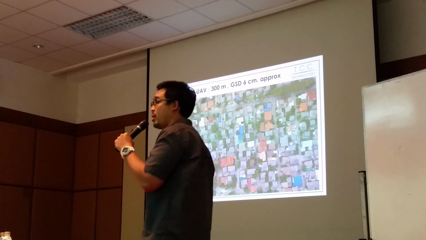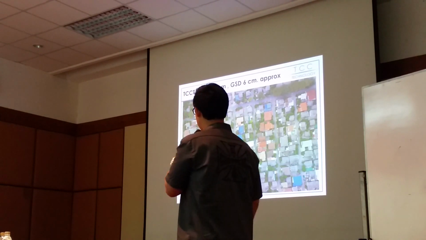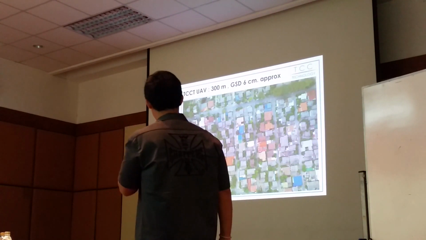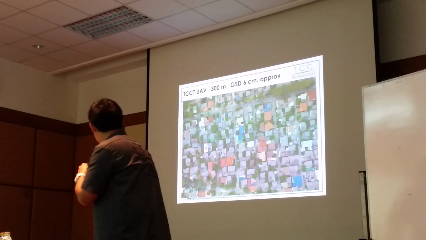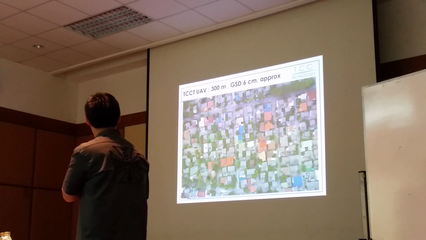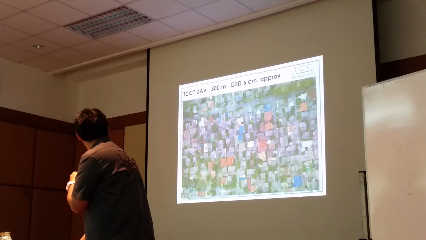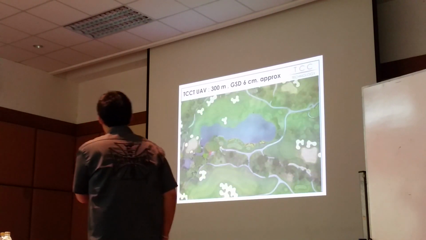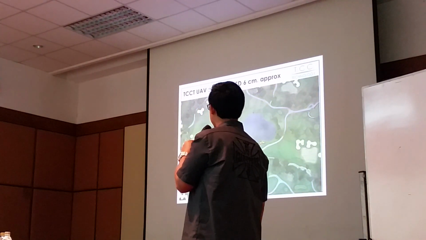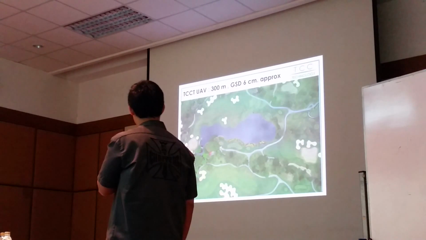And this one, 300 meters, can cover a larger area, but the GSD is reduced to 6 centimeters. And this is the golf course at 300 meters. Very nice.